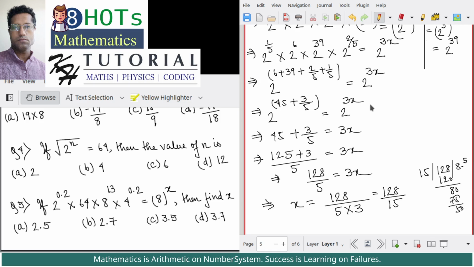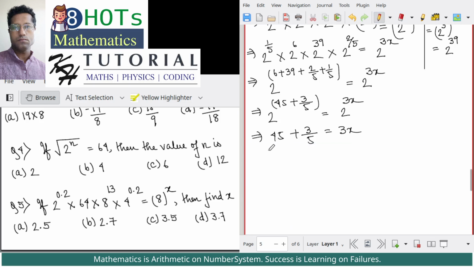okay, so I did wrong. I did a calculation mistake. Okay. So 45 multiplied by 5 is 225. 225 plus 3 divided by 5 is equal to 3x.